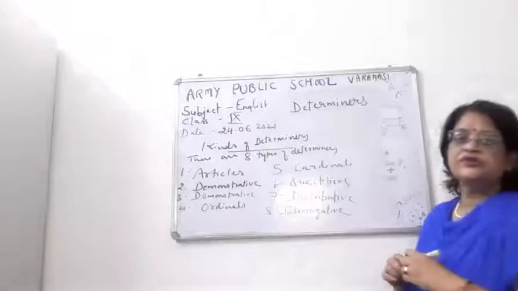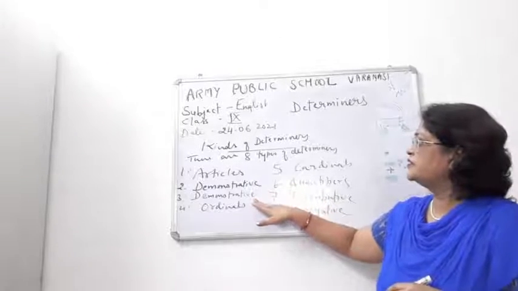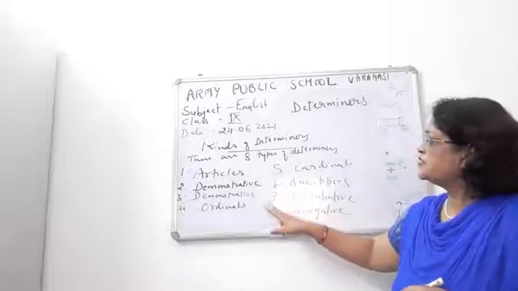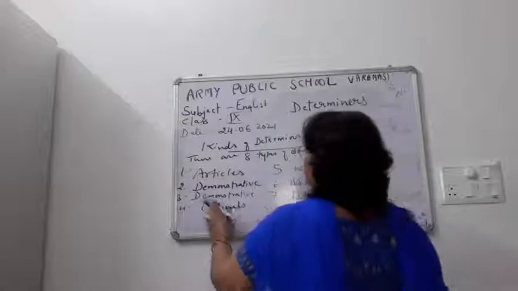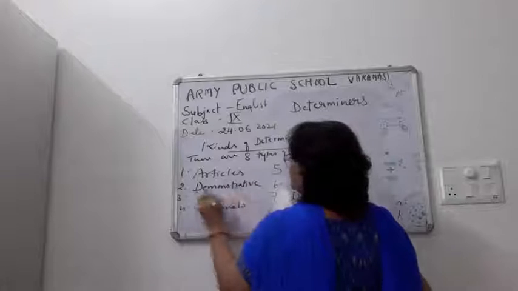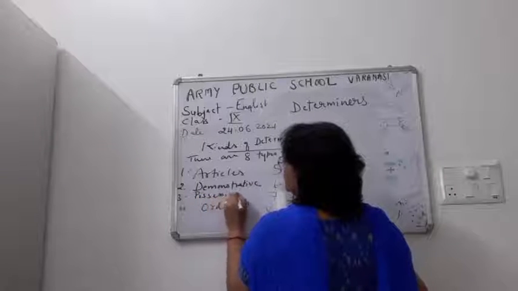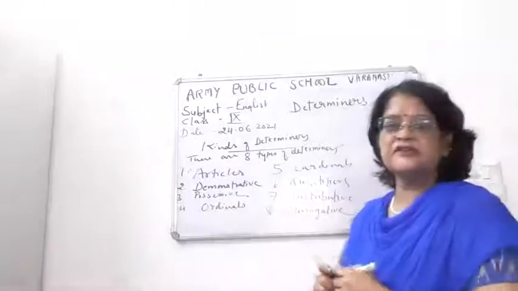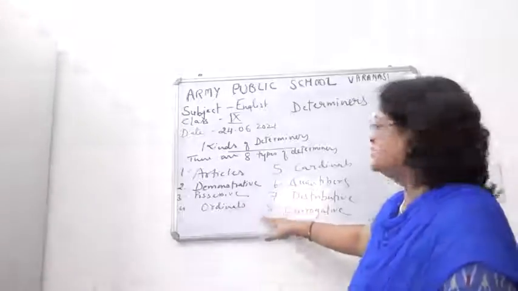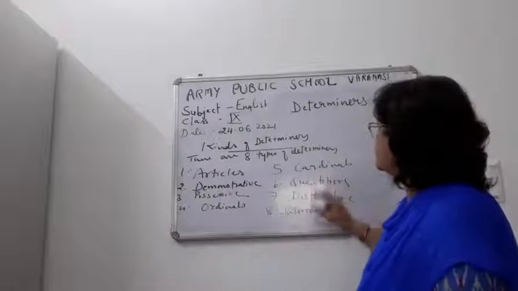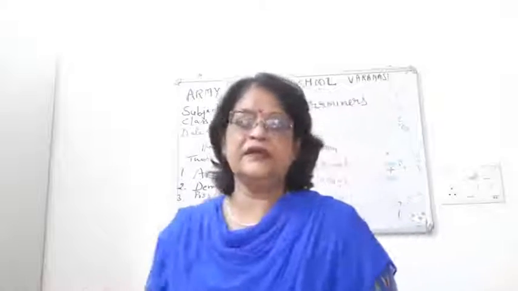So articles, demonstrative, and third is possessive. So these are the determiners: articles, demonstrative, possessive, ordinals, cardinals, quantifiers, distributive, and interrogative determiners, right?